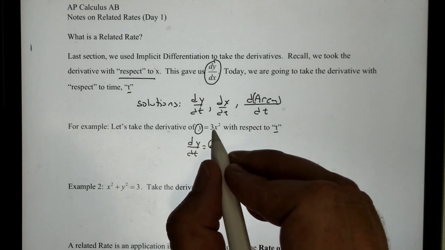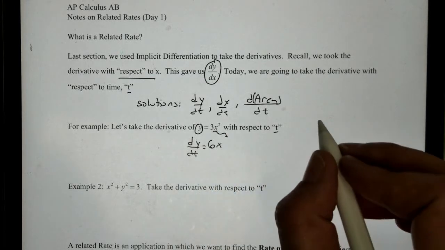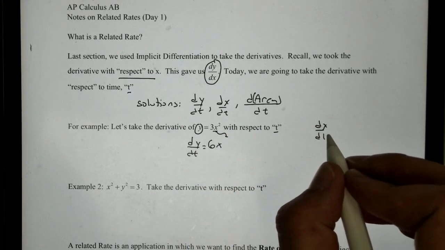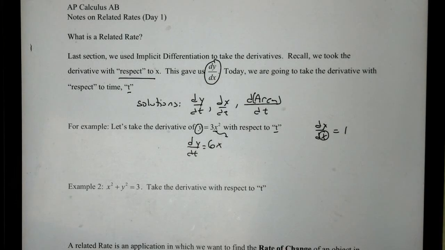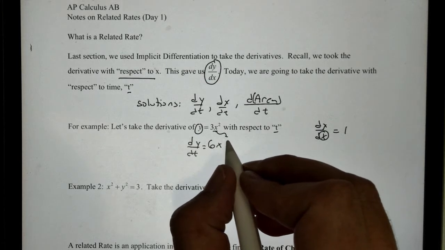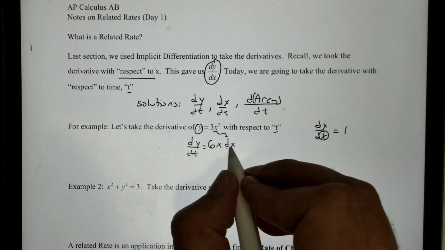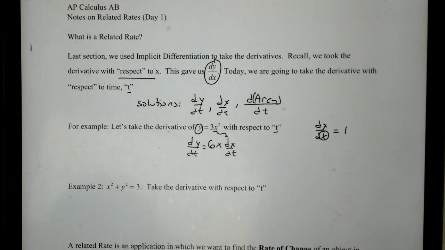But like with implicits, now we have to take the derivative of x. Now with implicits, we said the derivative of x was just dx over dx, which became 1. But notice, here we were taking the derivative with respect to x. Today, we would take the derivative with respect to t. So we would get dx dt. So today, we're just adding a d something dt to everything that we're going to take the derivative of.